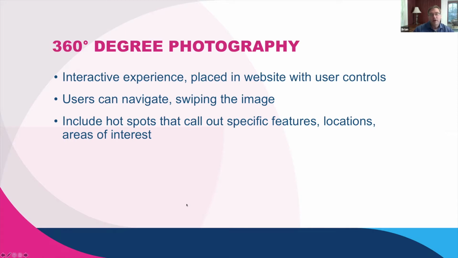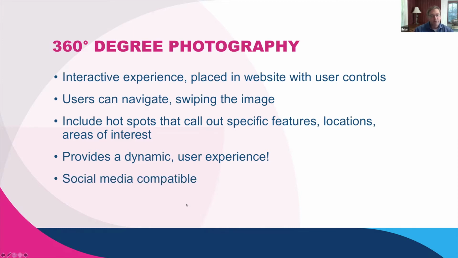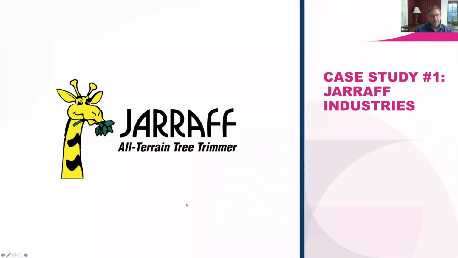You can also include hotspots that have callouts to specific features or locations or areas of interest. I'll show you a little bit about that today too. And it provides a dynamic user experience. Great thing about 360 photography is that it's also social media compatible, especially with Facebook.